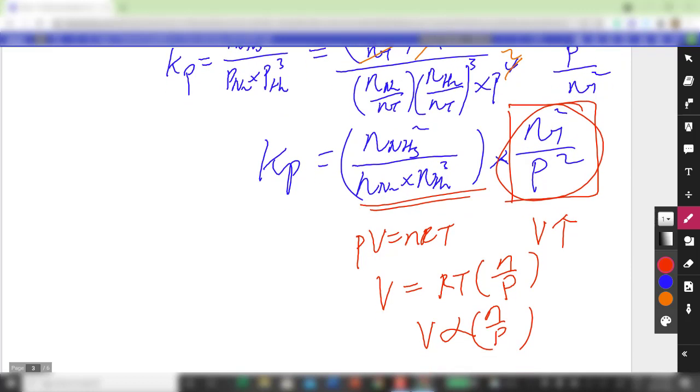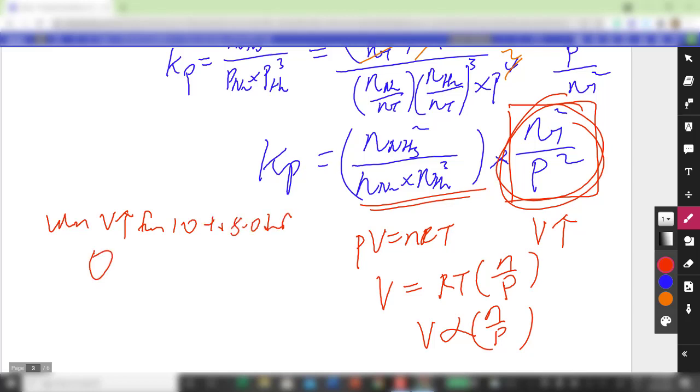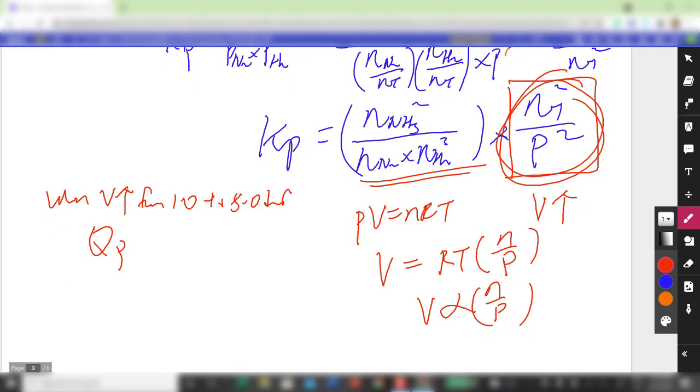That means that when volume increases from 1.0 to 5.0 dm cubed, the Qp term produced momentarily will be greater than Kp.